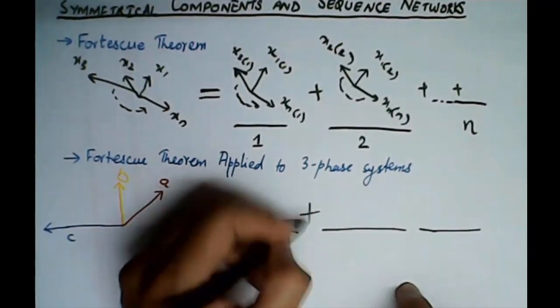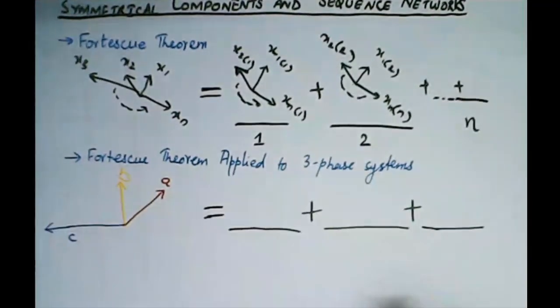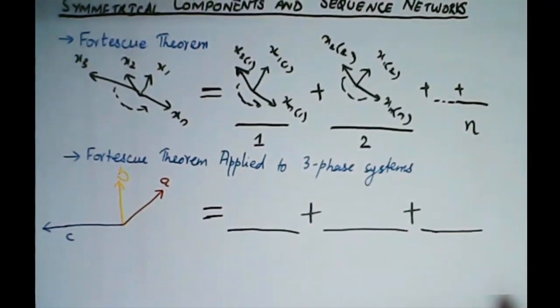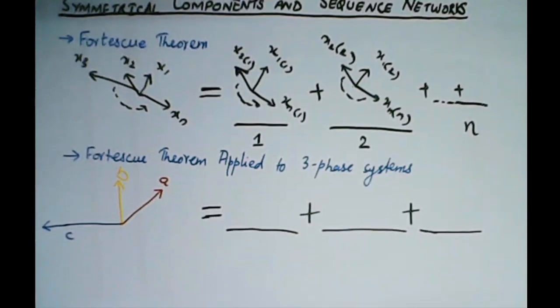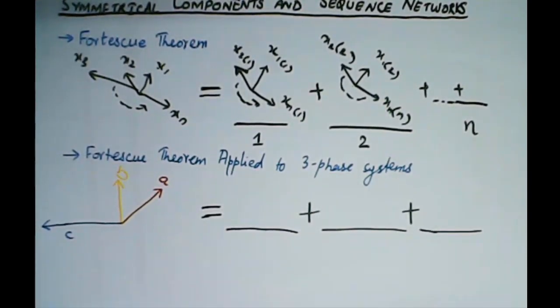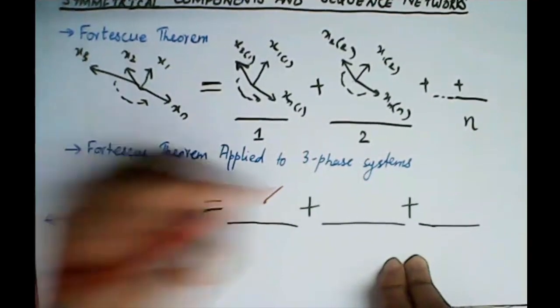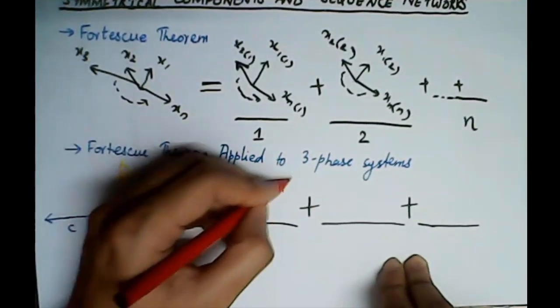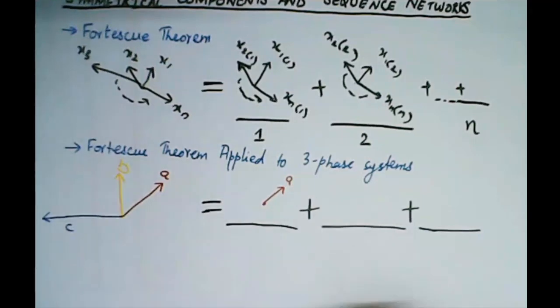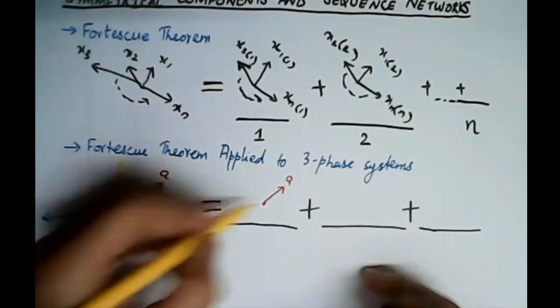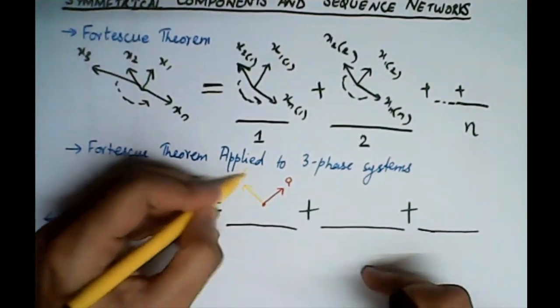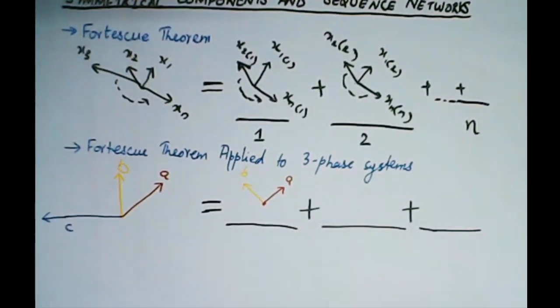And the sum of these balanced phasors will actually give you the original unbalanced set. Now the first component among these is referred to as the positive sequence, with phases A, B and C.